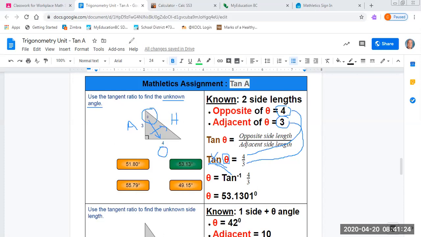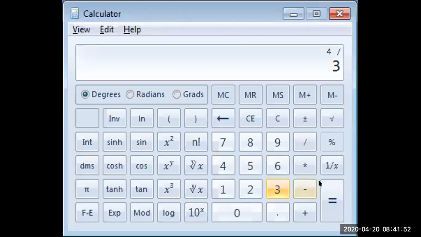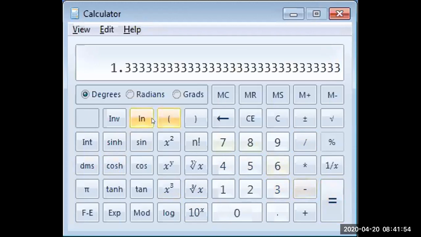Let's take a look at how we can solve this now. I'm just going to clear out some of this writing, and we'll look at the calculator. On my computer calculator, I want to take 4 divided by 3, because the line in the fraction means divided by, which is 1.333.